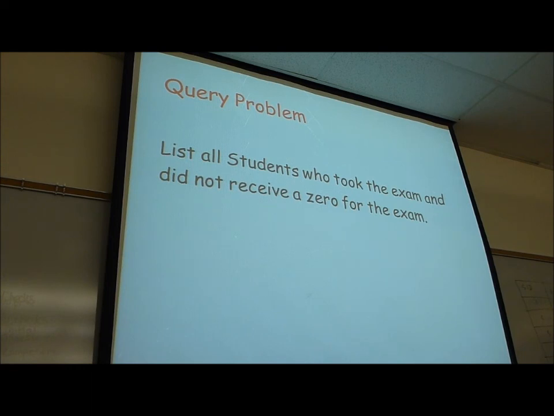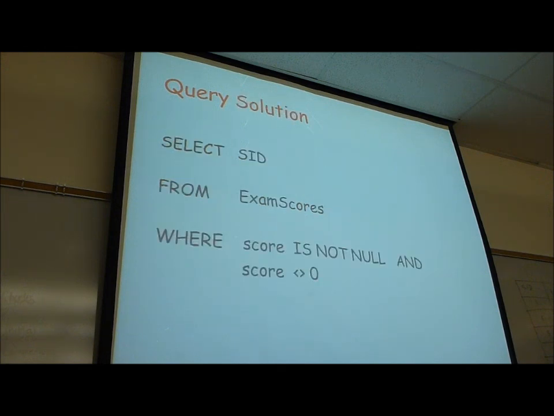List all students who took the exam and did not receive a 0. So it's a compound condition. If you took the exam, it's not null. And if it wasn't 0, it's not 0. If you said just greater than 0, that would have excluded the nulls, right? Because you would have had to have a value greater than 0.